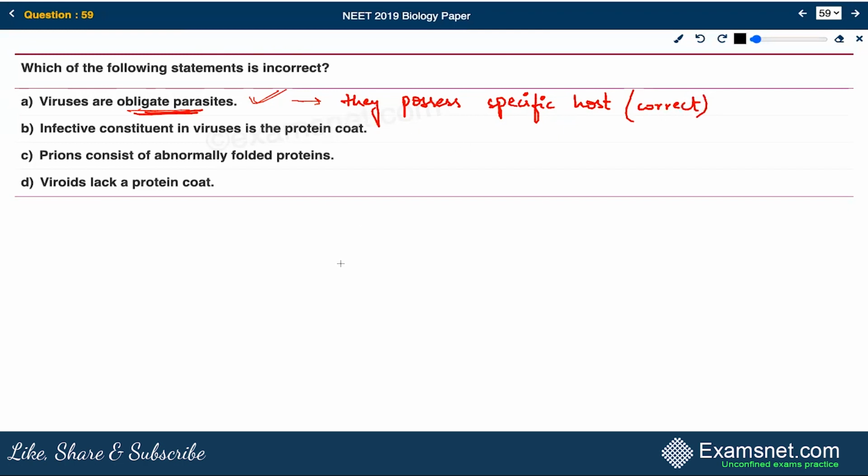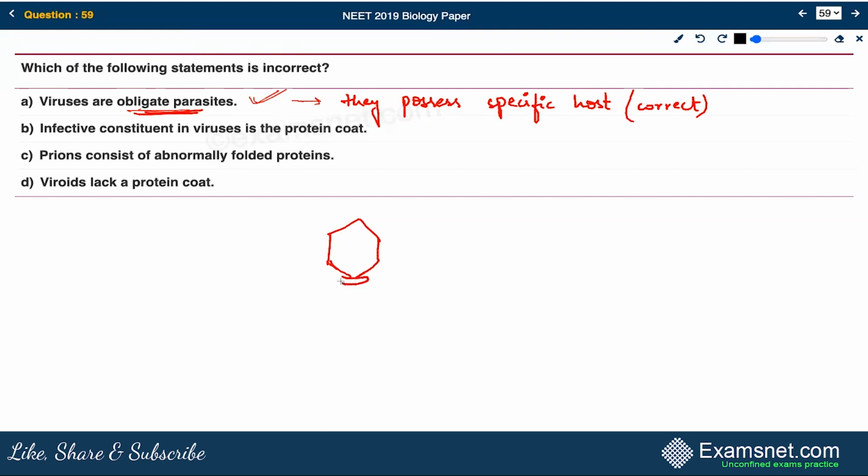The next statement is that the infective constituent in viruses is the protein coat. Now, let me tell you, if I draw a figure, viruses look something like this.